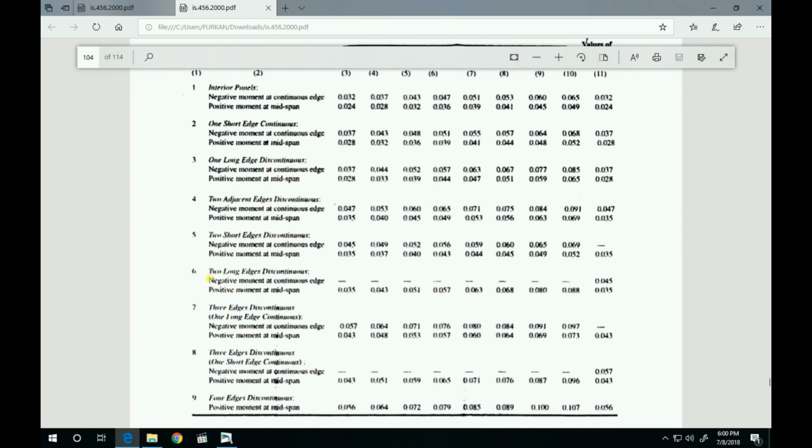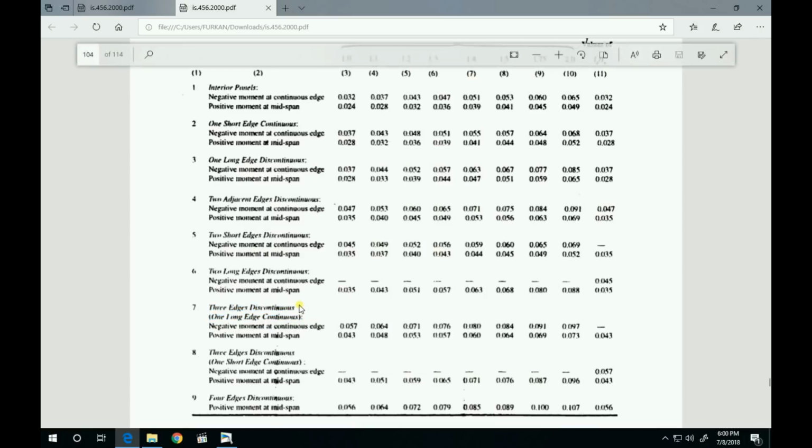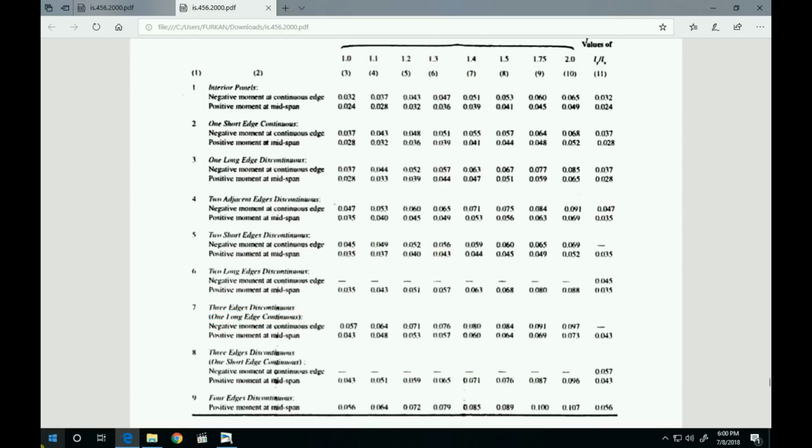If it says two long edges discontinuous, it means that out of the 4 sides, the 2 long edges are discontinuous, so the slab ends there. Three edges discontinuous means the slab is supported on only one side and all the 3 edges are discontinuous. This is very basic common understanding, so I don't think I need to go into the depth of this.